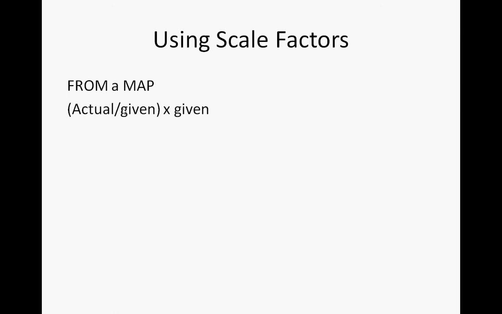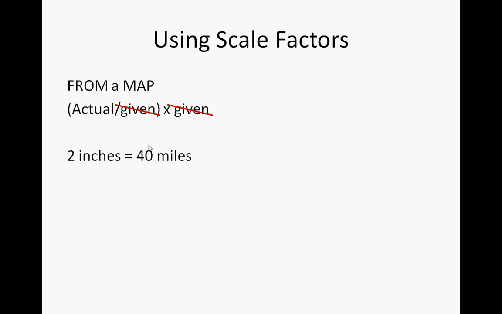I like to do this because then these two measurements from the map cancel out and we're just left with the actual units. This takes out some of the worry about units being correct or incorrect. So remember, if you're going from a map to an actual distance, you take the scale factor and flip it upside down, so you have actual to given, and then multiply it times the given distance on the map.